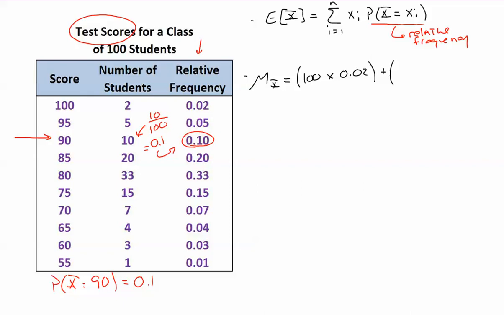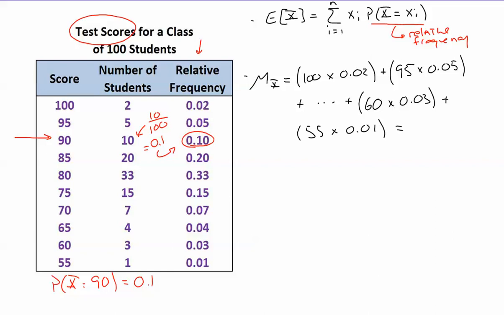Plus 95 times 5%. Plus, I'll let you write all this down. We've got 60 times, 3% looks like. Plus 55 times a relative frequency of 0.01. And if you work all that out, you get a value of 80.